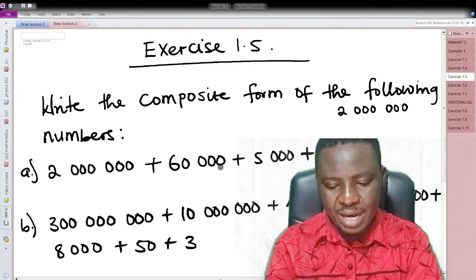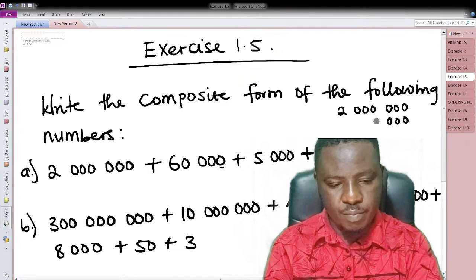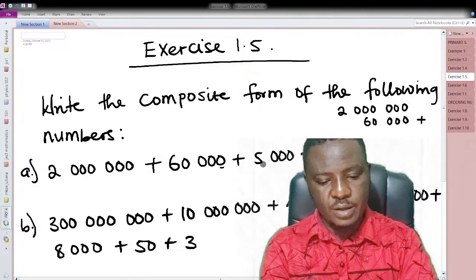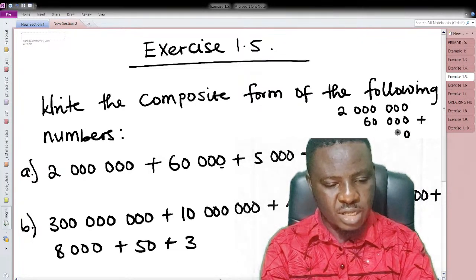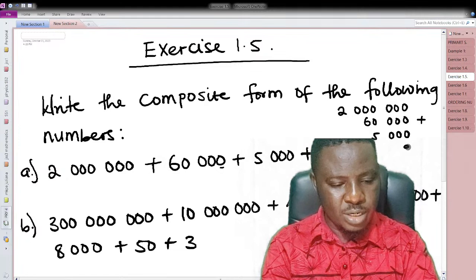So beginning from the last digit, I'm going to write them in this order. Plus 5,000. 5,000 has 4 digits. Plus 9. 9 is only the unit digit.